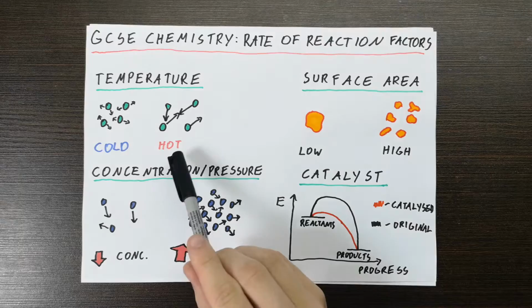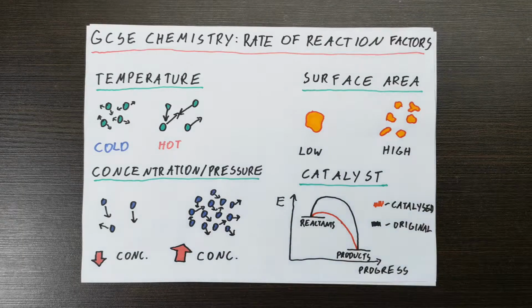However, when we heat up the particles, now they gain more energy. Now they're moving around more, and they are colliding with each other more because they are moving around more. And also, they collide into each other with greater energy, with greater impact. So there are more successful collisions per second in a hot substance than in the same cold substance.